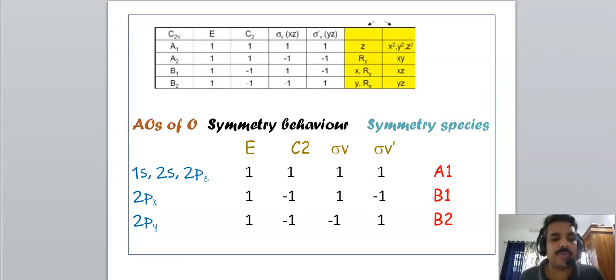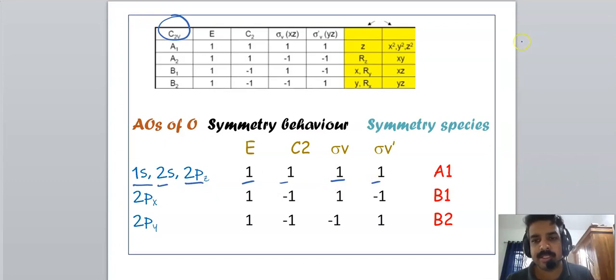Okay, in the case of oxygen, it belongs to the C2V point group, that we know. The 1s, 2s orbitals and the 2pz orbital transform with characters 1 1 1 1. That is, the 1s orbital, we know it is spherically symmetrical.